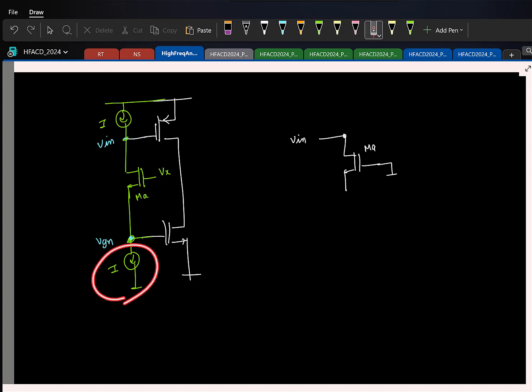And here I have a current source, let us say the current source has some output resistance R0, right? And this is the gate voltage. Assume that this transistor has infinite R0 to simplify, or let's say you can consider R0. So this is the case. What can you say about VGN in terms of V in?